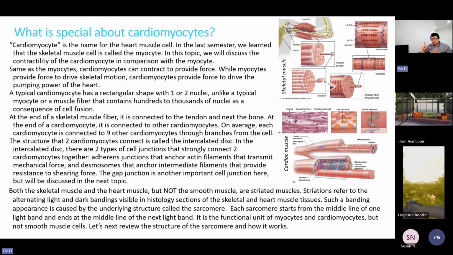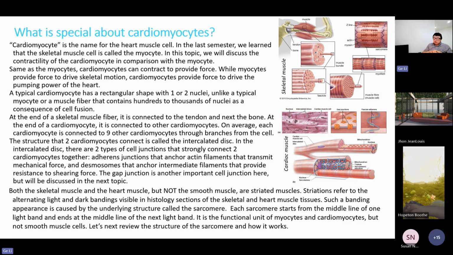Smooth muscle is the first muscle that shows up in evolution. In smooth muscle, the contraction molecules that we're going to talk about later exist, but they are not organized. They're not aligned together. So in smooth muscle, you do not see this layer by layer of highly ordered, aligned molecules, and so smooth muscle normally is not very strong when it contracts.